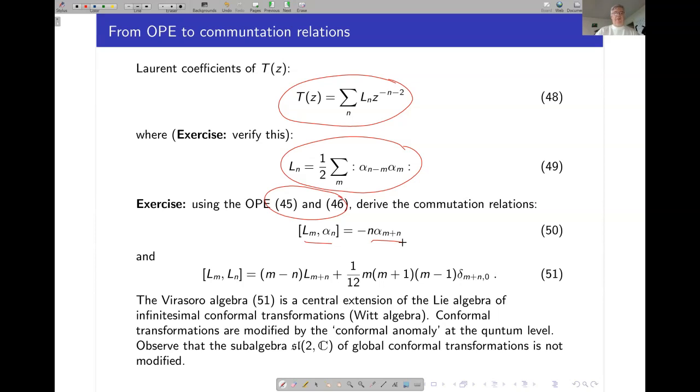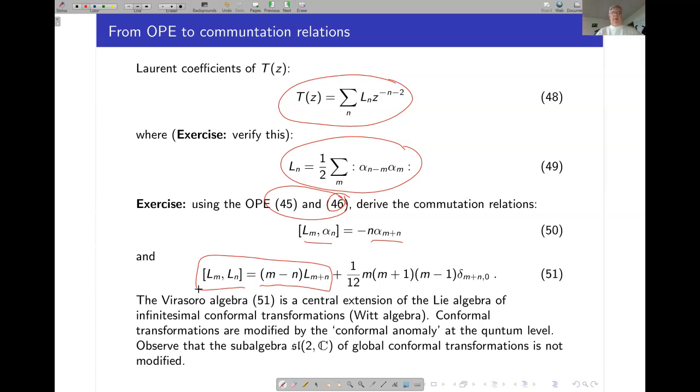Now, what about if we take 46 and compute the L_m-L_n commutator? Well, the first term that we get up to here just gives us a Witt algebra. So this would be the Lie algebra of infinitesimal conformal transformations. And if this was all, we would say, okay, that's very clear. The operators L_m represent conformal transformations on physical states.